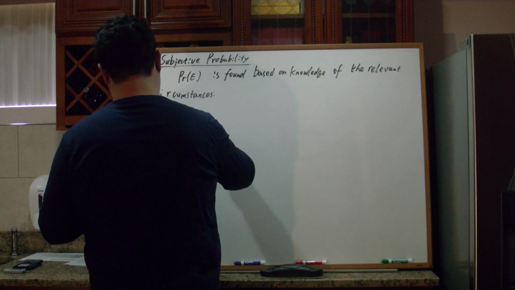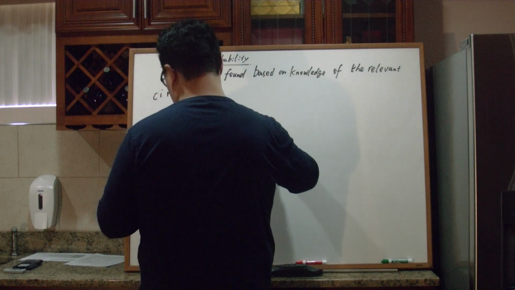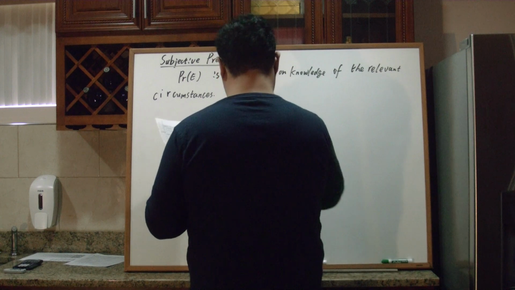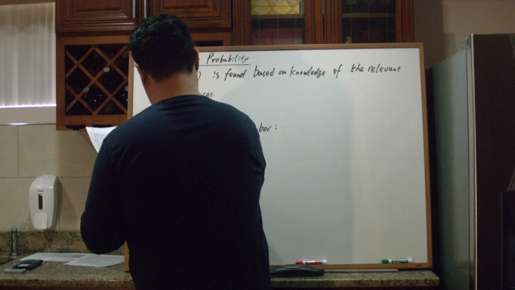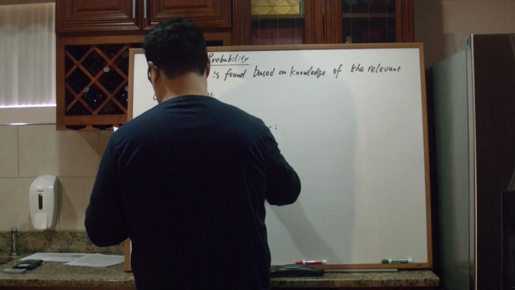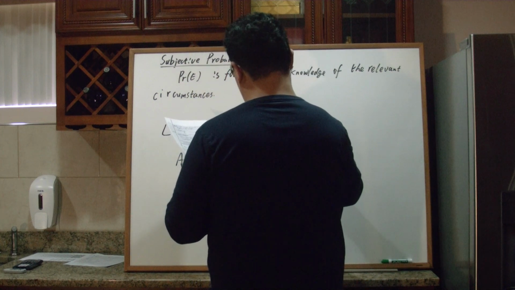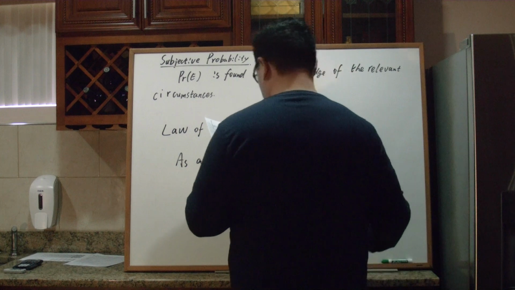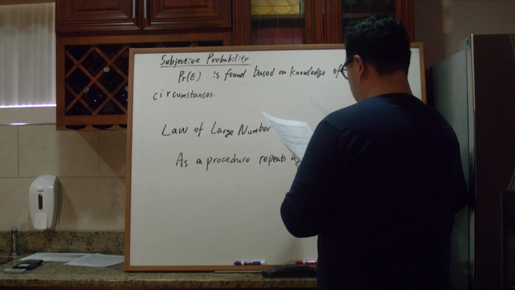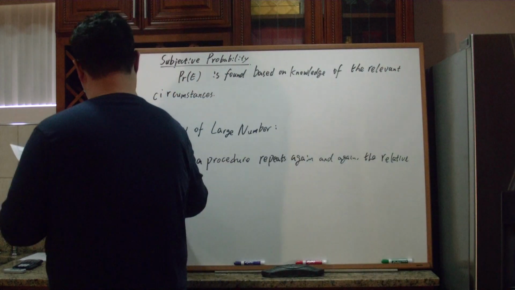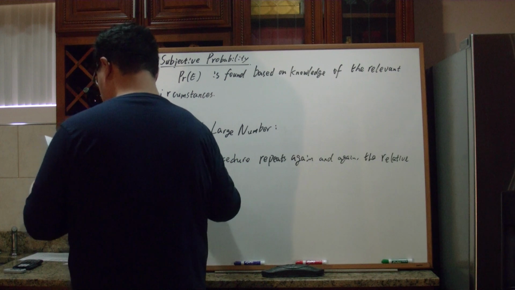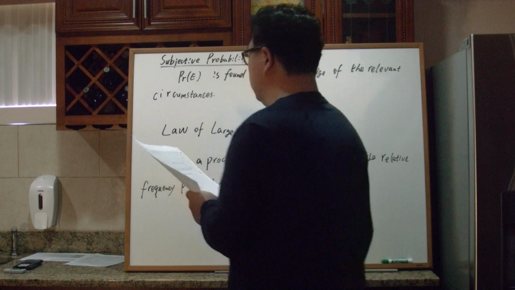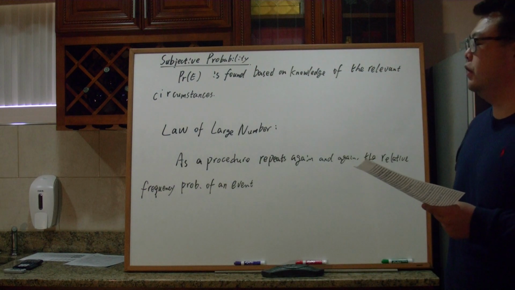And the law of large numbers says, you use the relative frequency approach to find the probability.